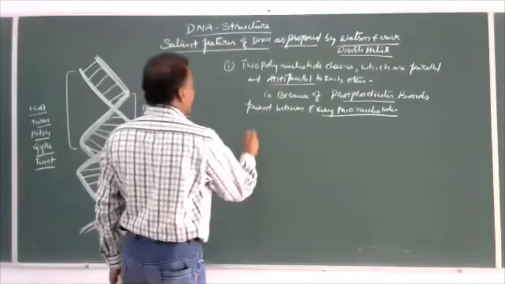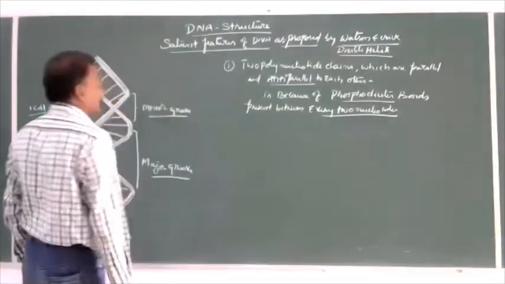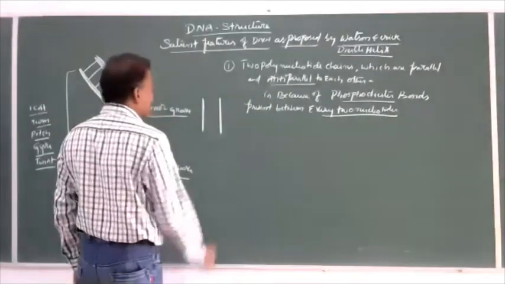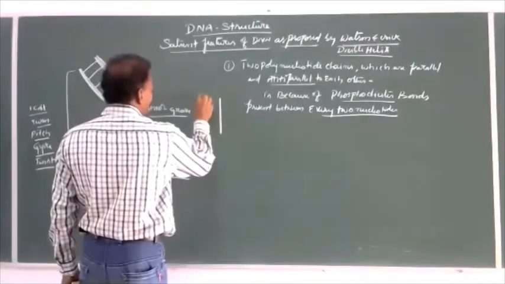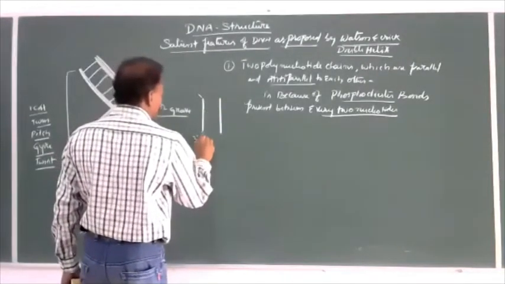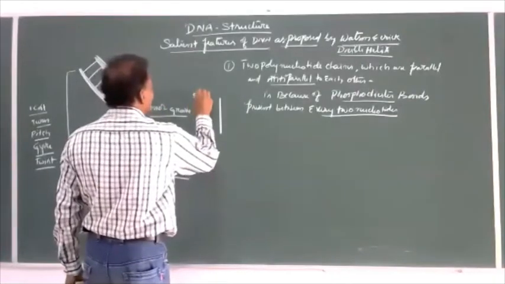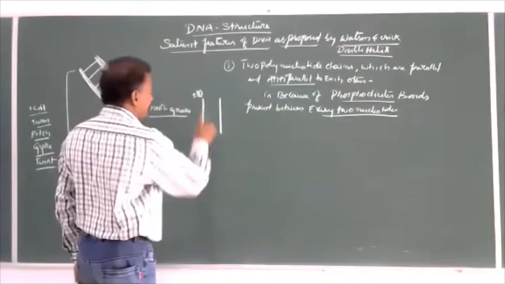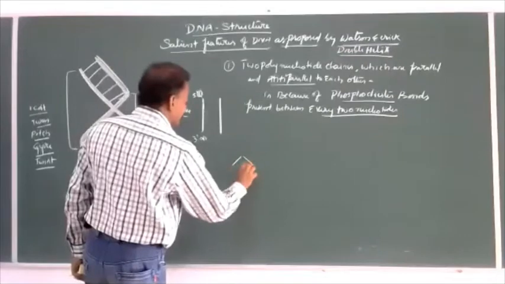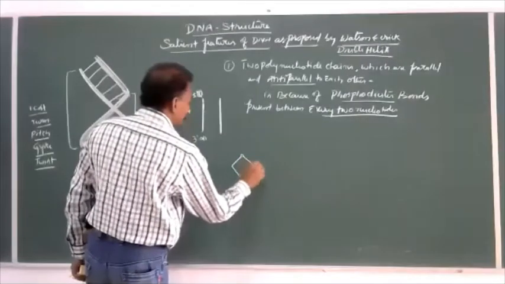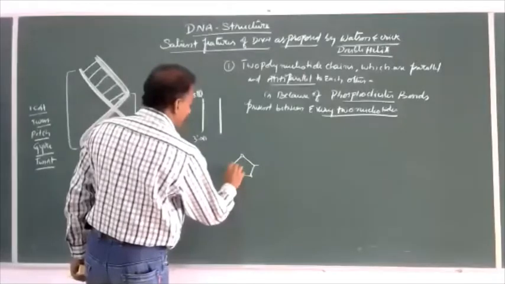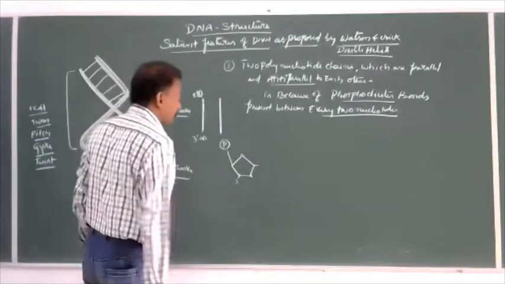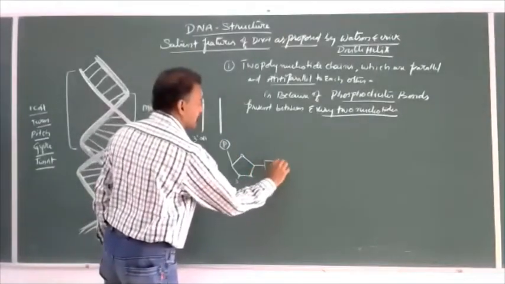So anti-parallel means, in the DNA molecule, which has two strands, one has 3' OH group and 5' phosphate. If we want to analyze this strand, there are first, second, third, fourth, and fifth carbon atoms. To the fifth carbon atom, phosphate is added. To the first, N2 base is added.